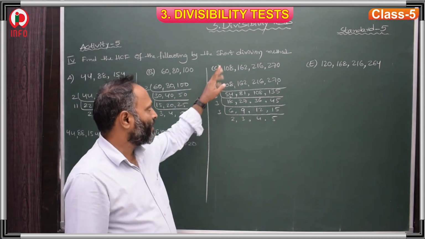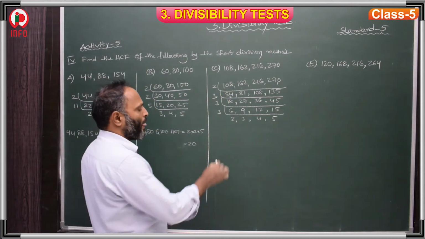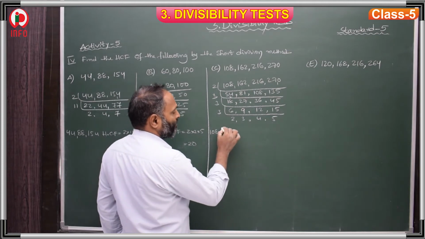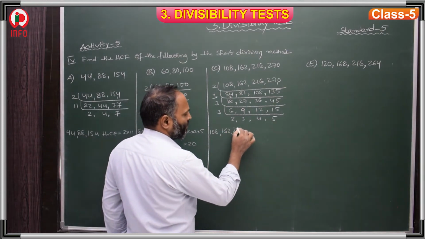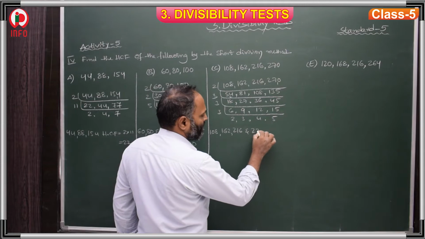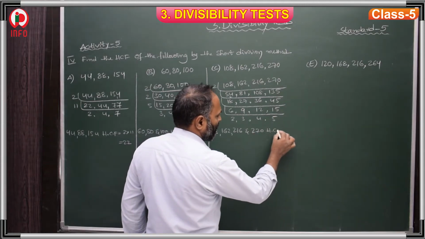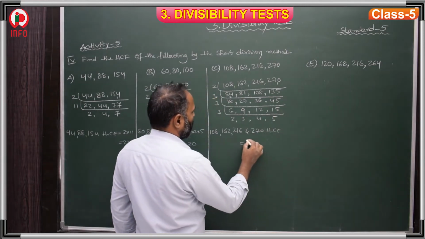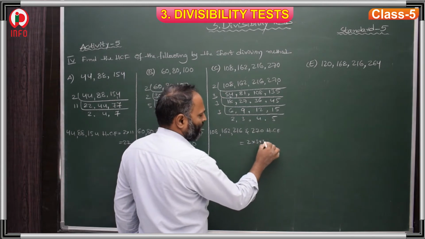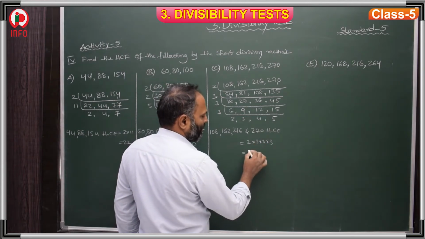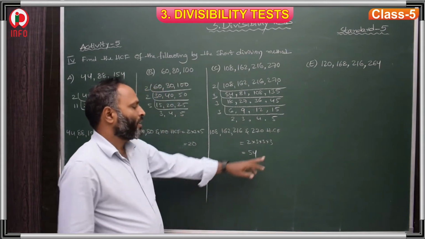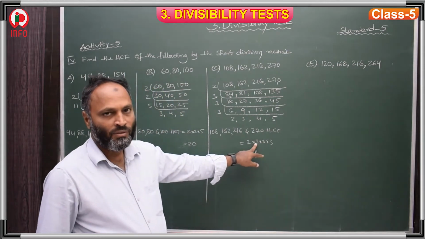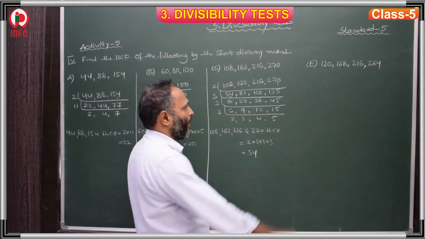This product is the HCF of the given numbers. The HCF of 540, 432, 324 and 270 is 2 into 3 into 3 into 3: 3 3s are 9, 9 3s are 27, 27 2s are 54.